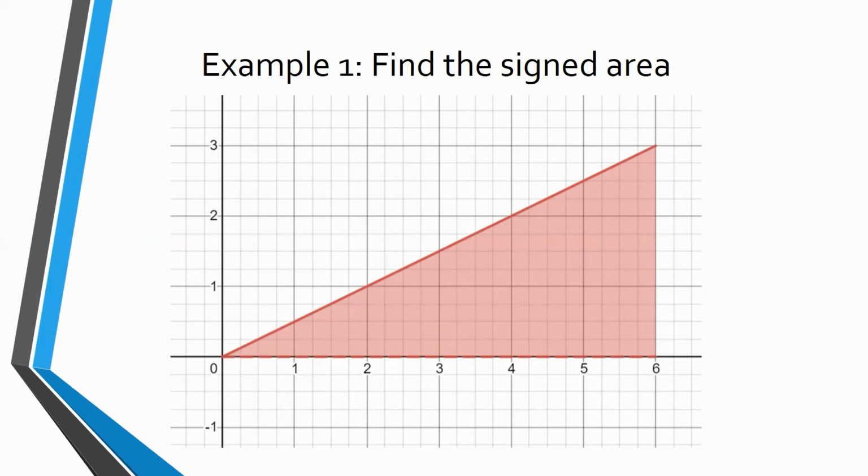The base of this triangle goes from 0 to 6, so the base is 6 units long, and the height goes from 0 to 3 in terms of y values. So the height is 3. Again, area is 1/2 times base times height. That means this signed area is going to be 9.